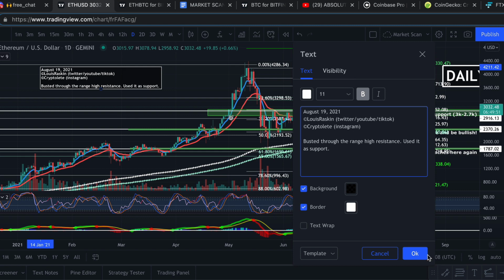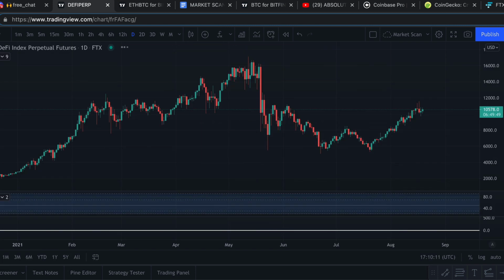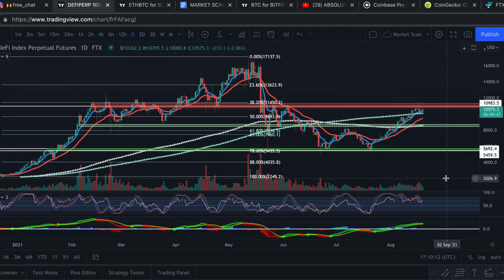Another thing that I like to look at is actually the DeFi perp, DeFi index. And this is really, really good because it's another really big indicator.